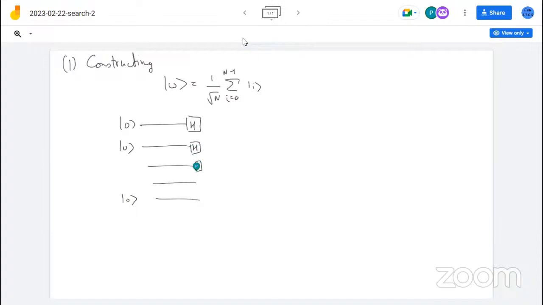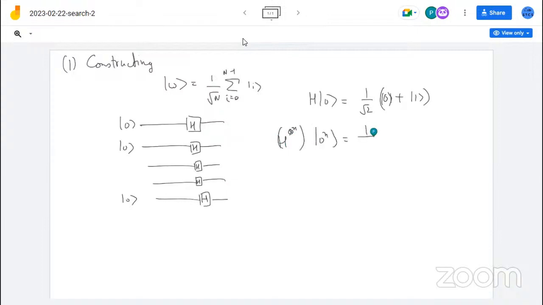That's it. But what is this? Just look at what H applied to 0 is: it is 1 by root 2 times (0 plus 1). So H tensor to the power n applied to 0 to the n is 1 by 2 to the n over 2 times the sum of all of these basis states. So this is easy.